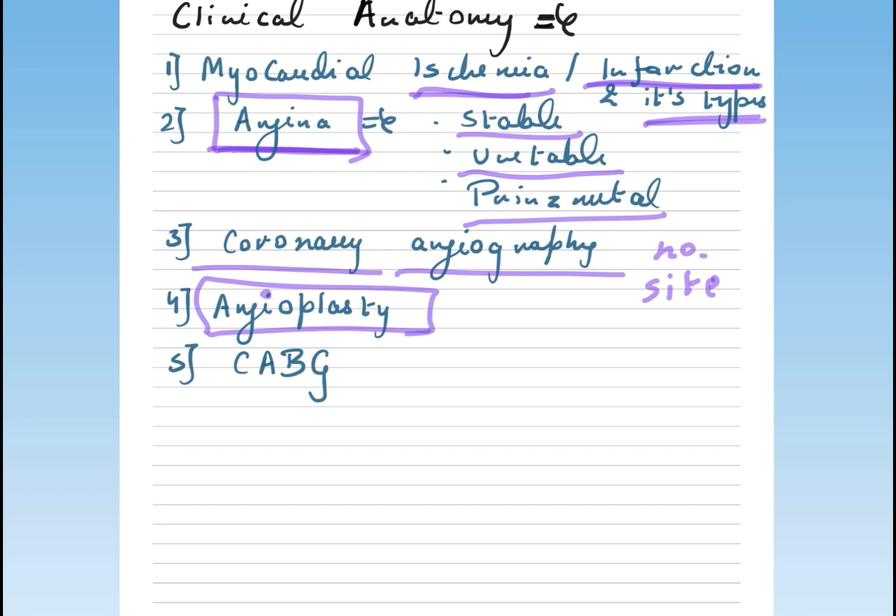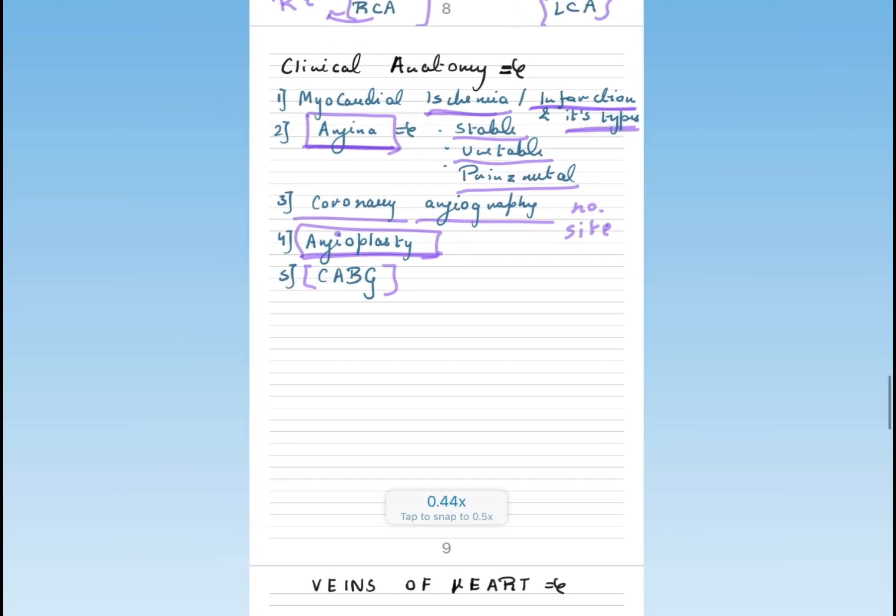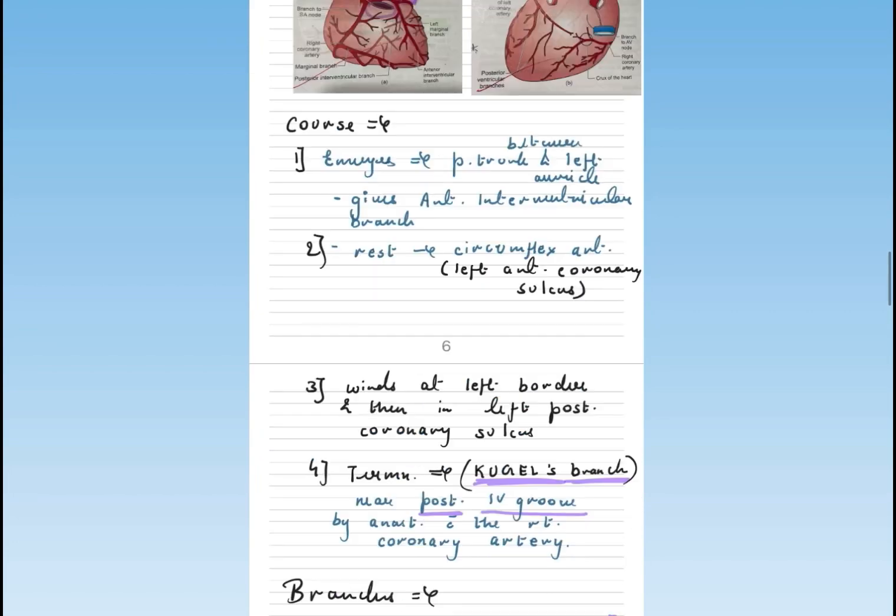And if we cannot control the symptoms with the help of angioplasty, then we will need to perform coronary artery bypass grafting. So this was all about the arterial circulation of the heart.